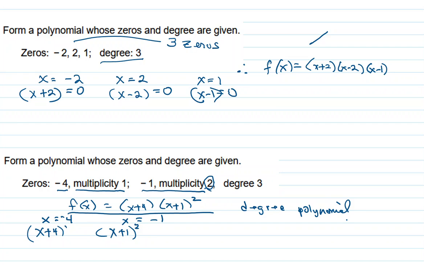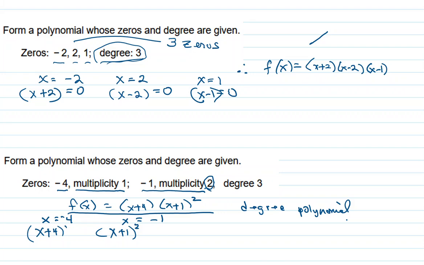And they were easy. It says it's a degree 3 with zeros of -2, 2, and 1. So that meant that x equals -2, x equals 2, x equals 1, because that's where it crosses the x-axis.